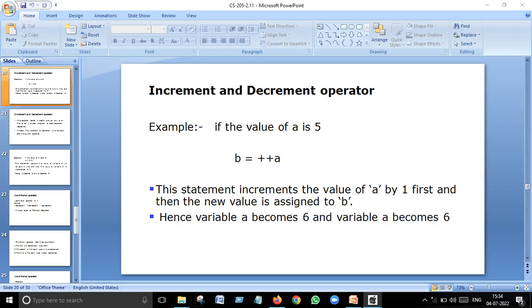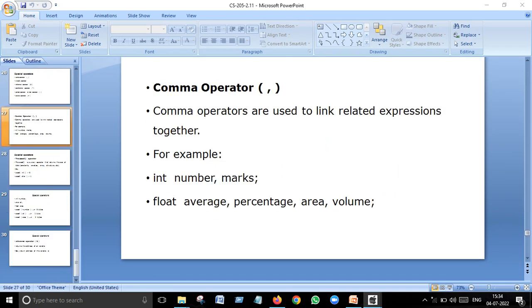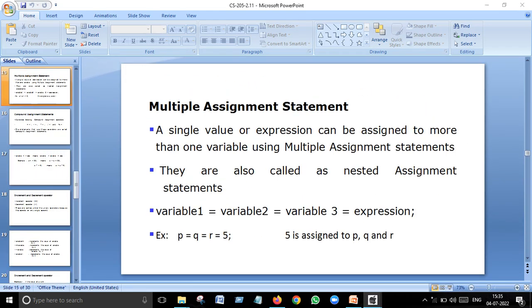Then, I will show you the program on the conditional operator.